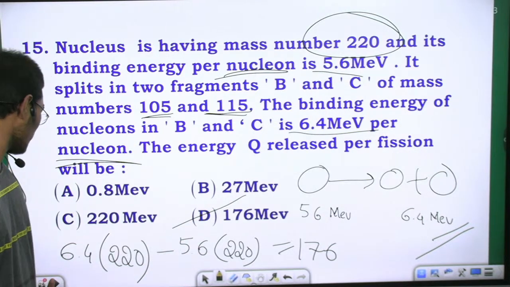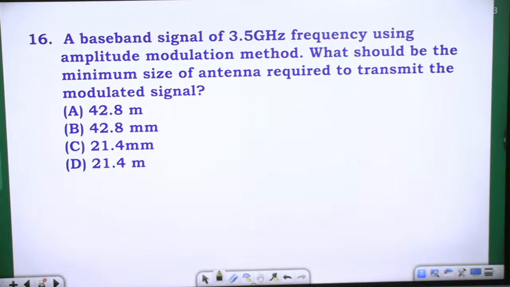Okay, straight question. The baseband signal of 3.5 gigahertz frequency uses the amplitude modulation method. What should be the minimum size of antenna required to transmit the modulated signal? This question is from communication, and it is again a basic fundamental formula question.